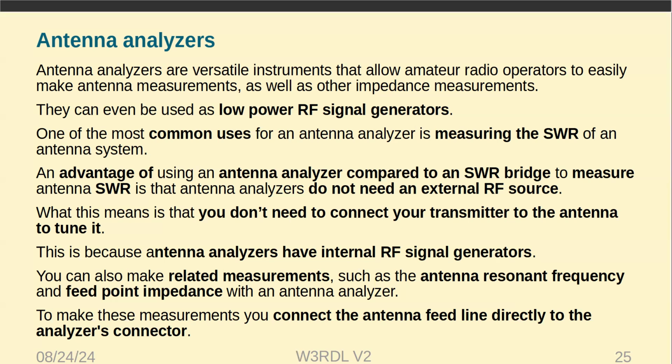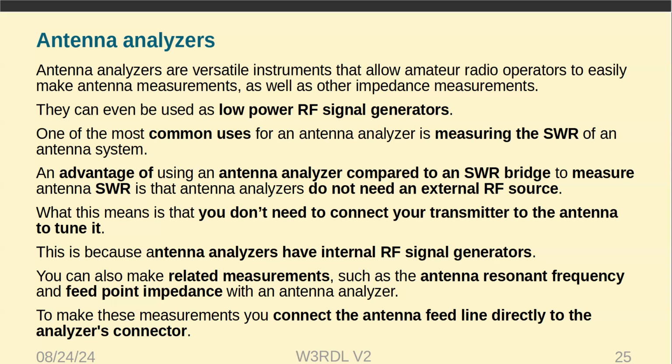It may do a graph, depending on the model, and show you the SWR over a frequency range, so you can see multiple bands. They'll tell you what the impedance is.